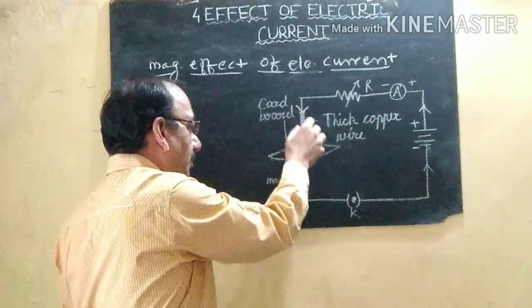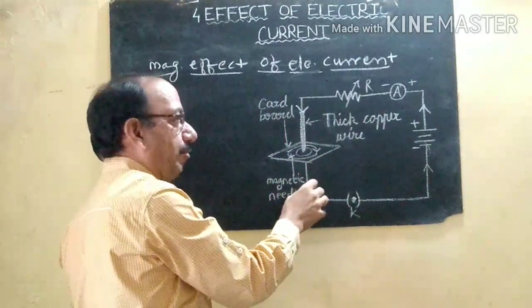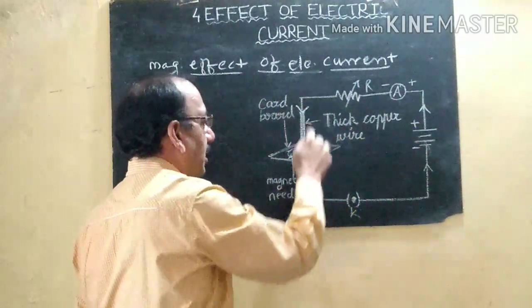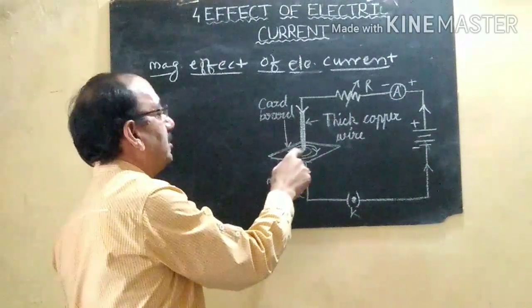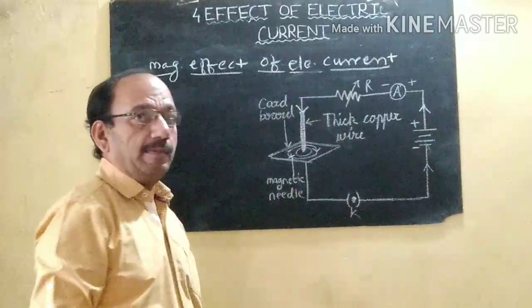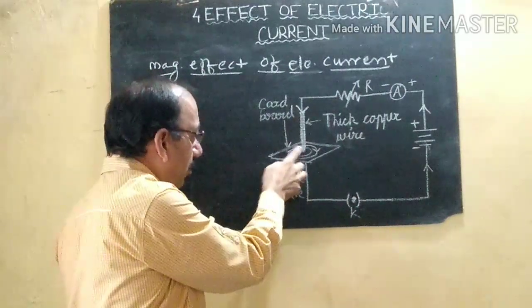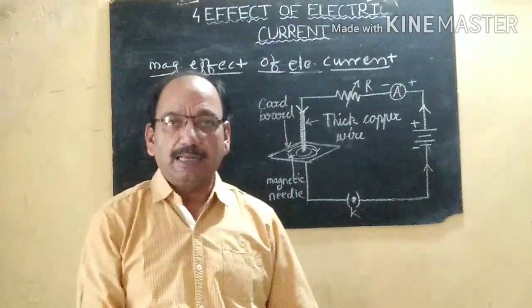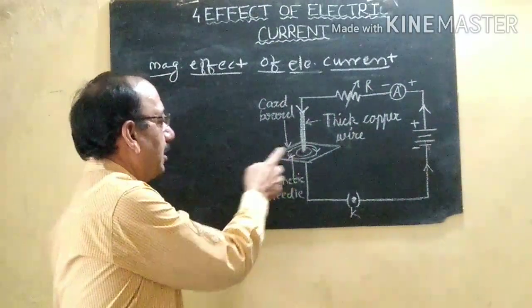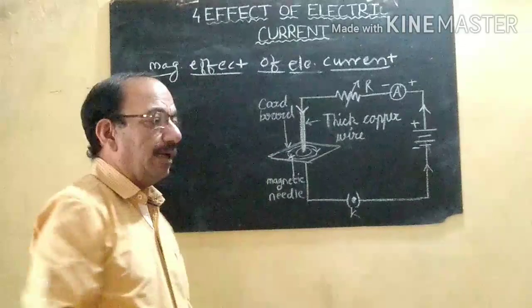When we keep the current unchanged, meaning a fixed current passes through this circuit, the concentric circles formed around this conducting wire remain the same, and as we go away from the wire, they become weaker and weaker. It indicates that when we go away from the conducting wire, the magnetic field becomes weaker.